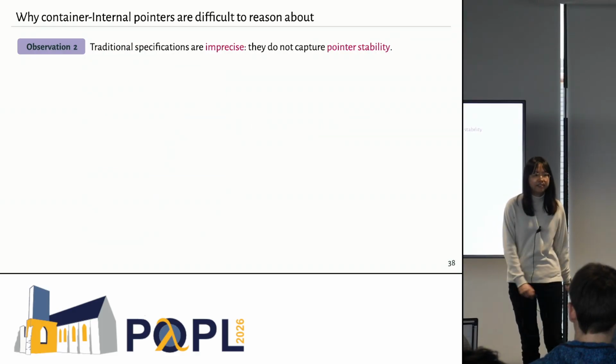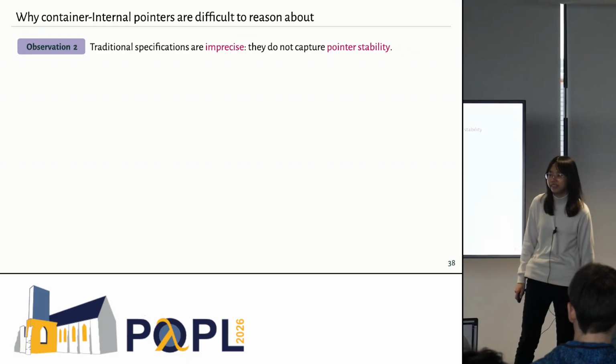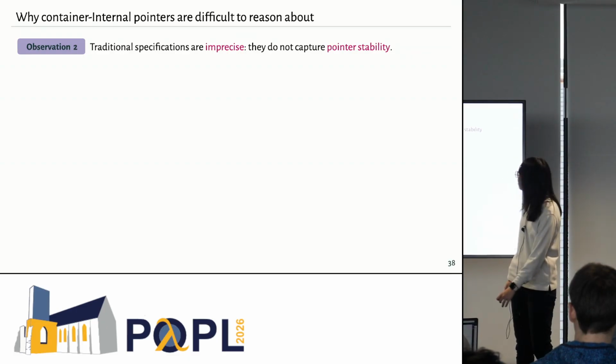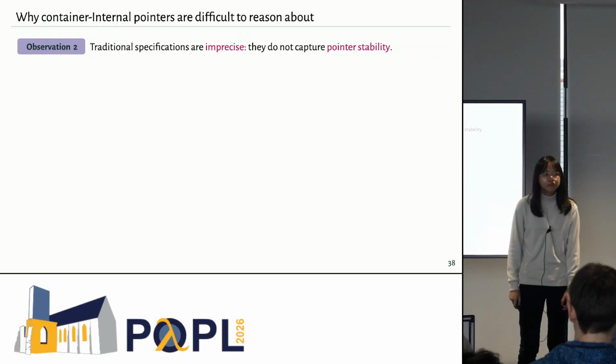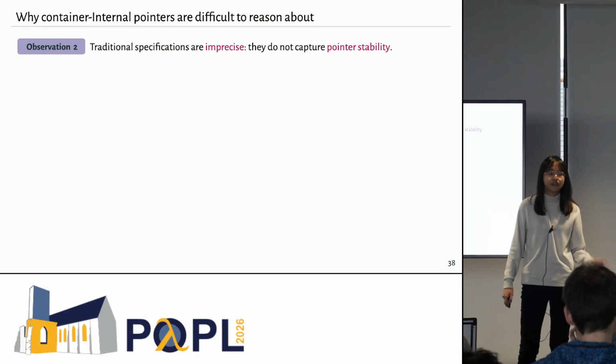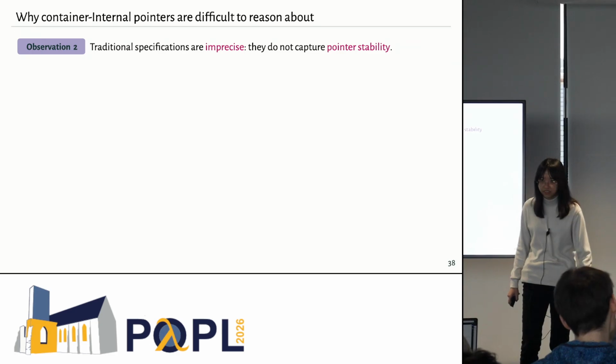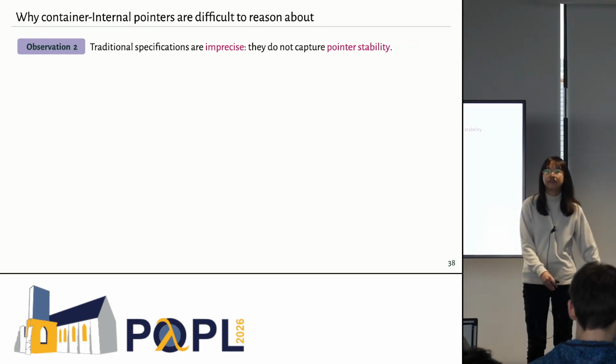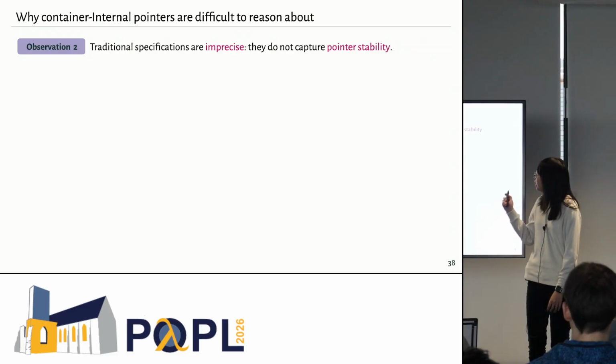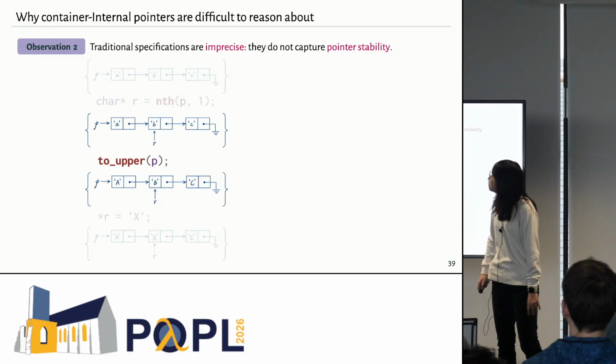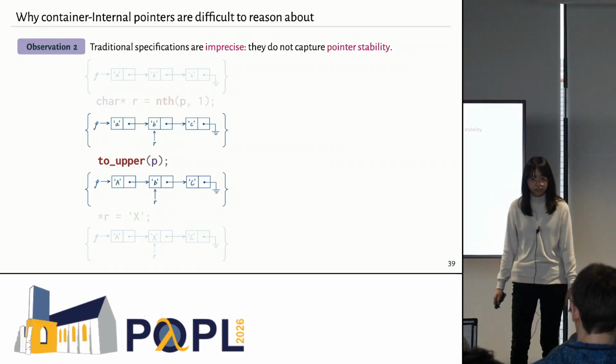The second observation is that traditional specifications are imprecise. They do not capture pointer stability. Pointer stability is a property of container operations saying that the operation preserves all the possible internal pointers of the container. It's widely used in low-level programming like C and C++. And in our example, we know that to_upper actually preserves the internal pointers.